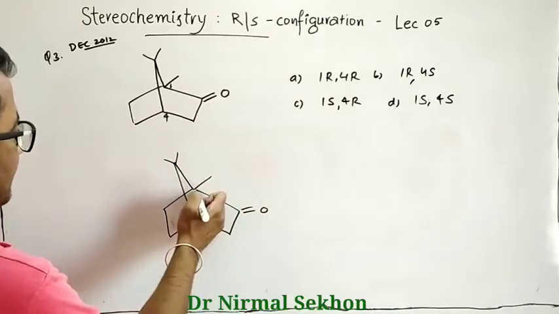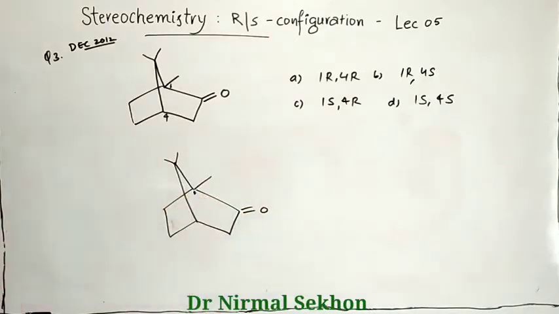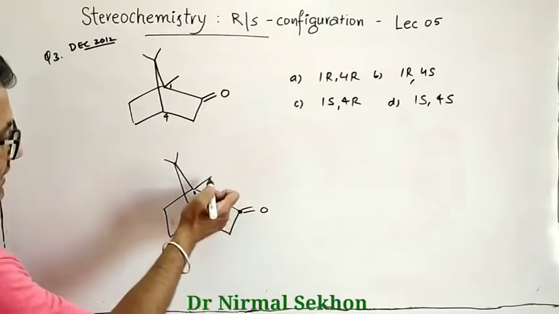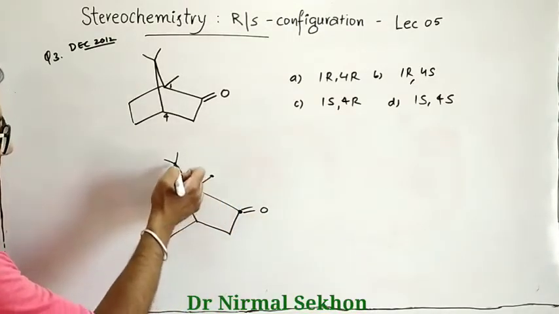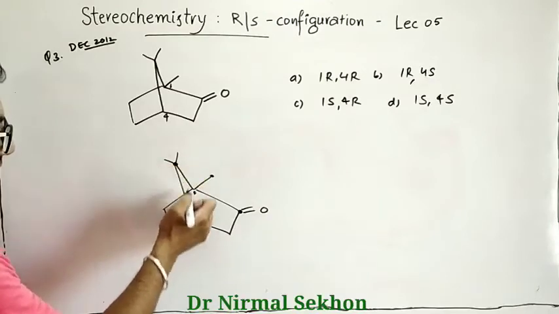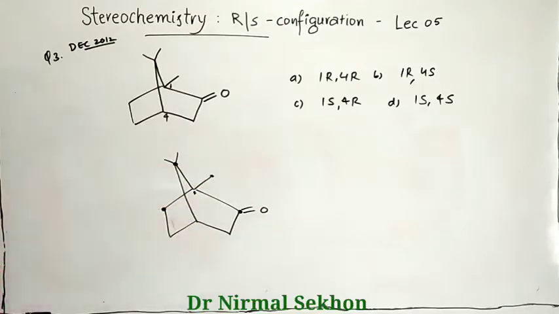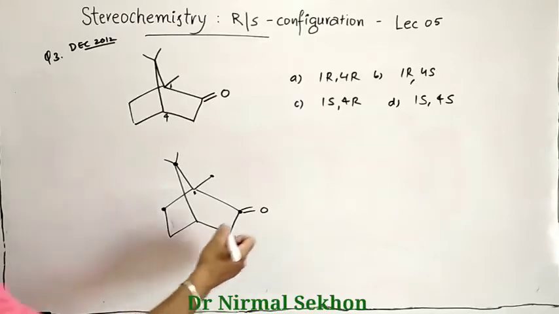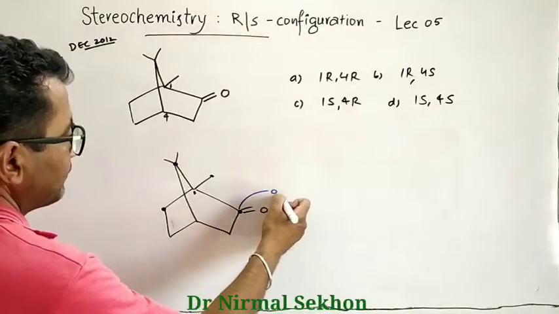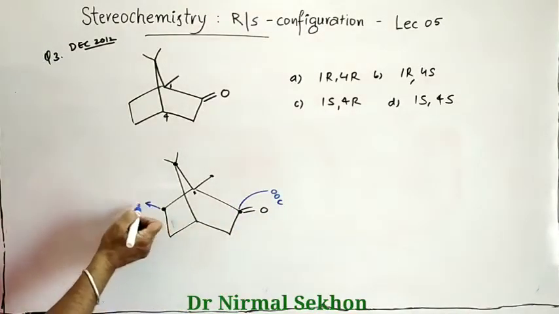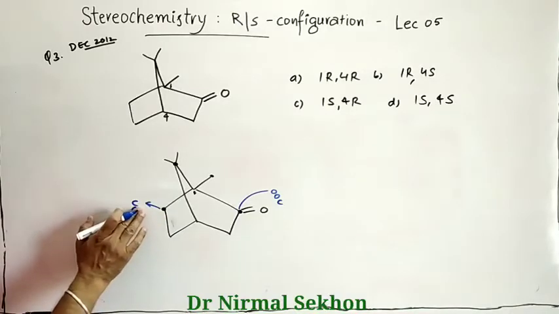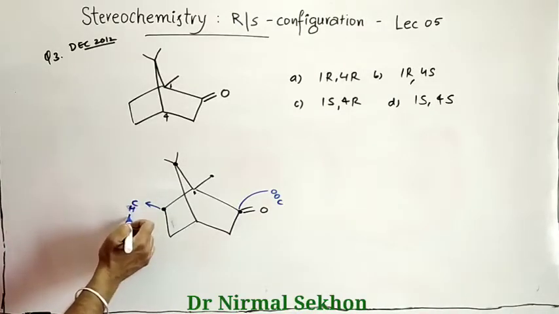This is your 1, this is a chiral carbon, to which 4 different groups are attached. So this is the first carbon, second, and attached on this side, attached on this side. These are the 4 groups to which this chiral carbon is directly connected. Now this carbon is further connected to OC, this carbon is further connected to CHH, there are 2 hydrogens.